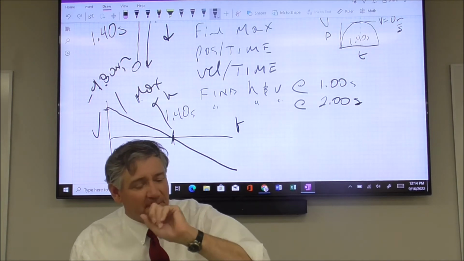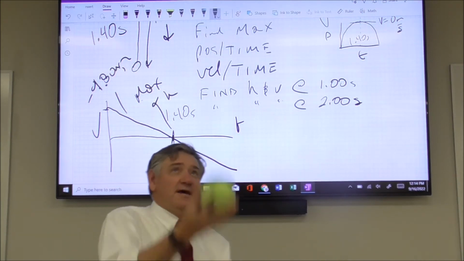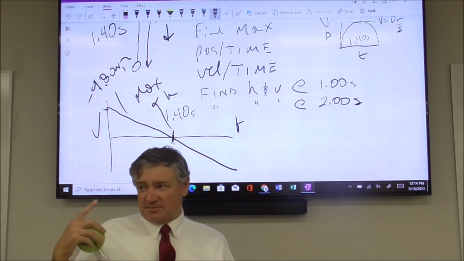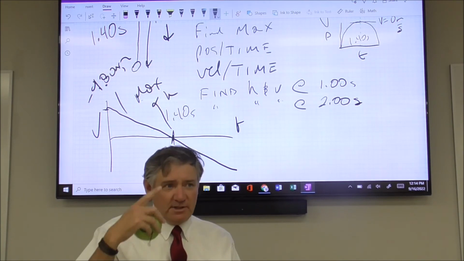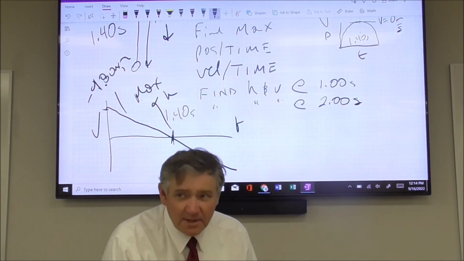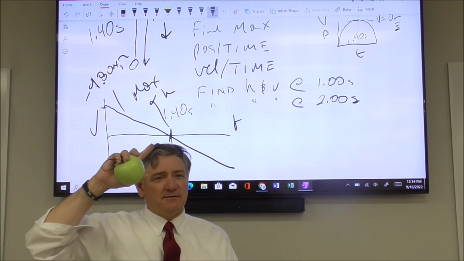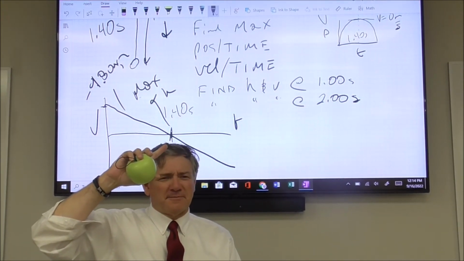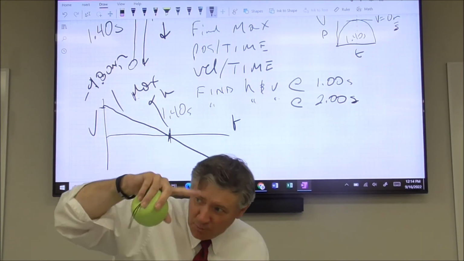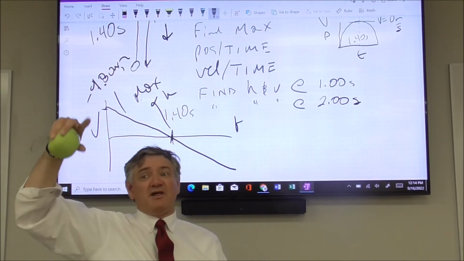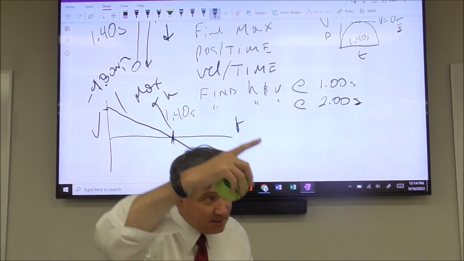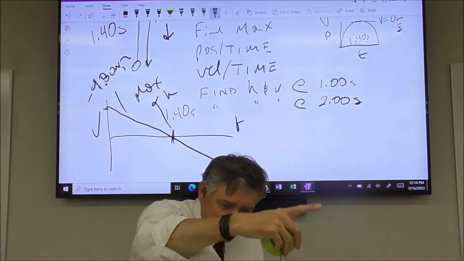So here's the deal. What if the ball had been thrown at exactly 9.8 meters per second? How long would it take to go to 0? Exactly 1 second. So since the time is greater than 1 second, I know my velocity has to be bigger than 9.8.